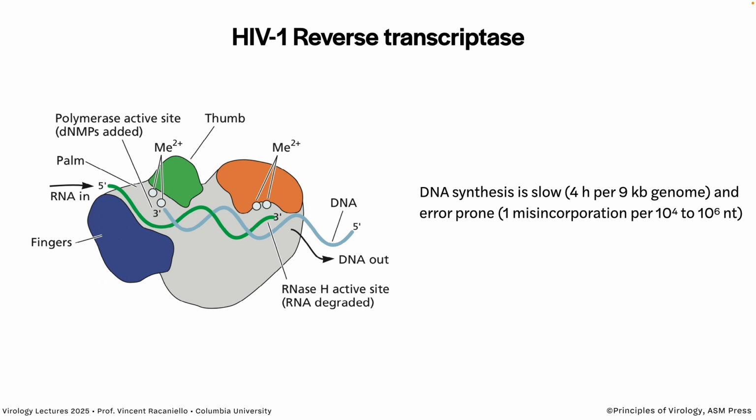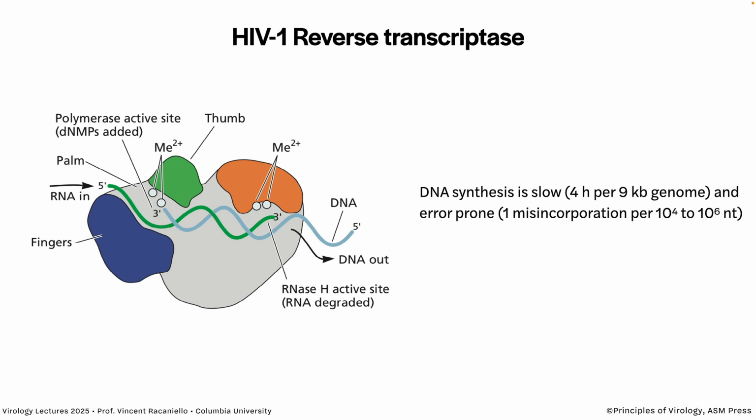So here is our polymerase. The active site is here. There are 2 metals that are coordinated by the aspartates that are needed for catalysis. And the RNA comes in here at the left side. It passes through the active site. It is copied into DNA, which is blue.